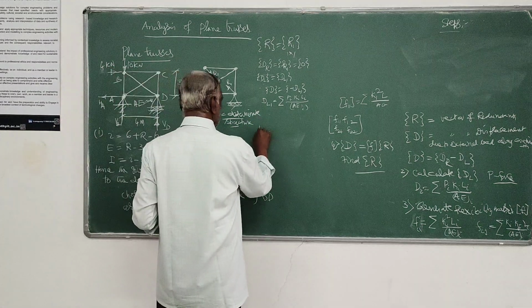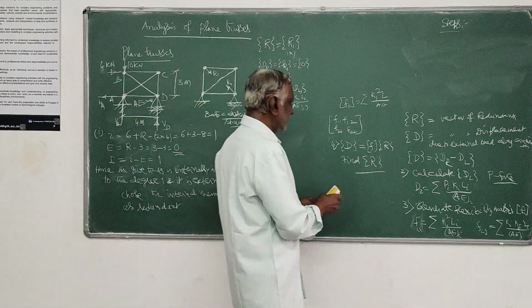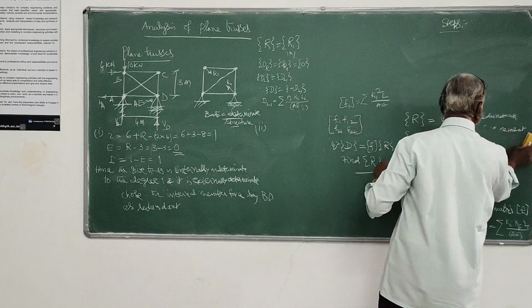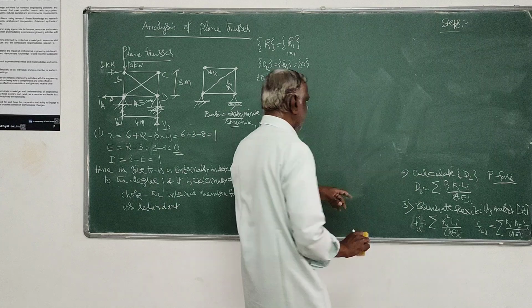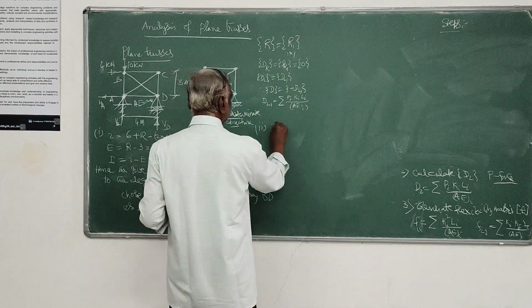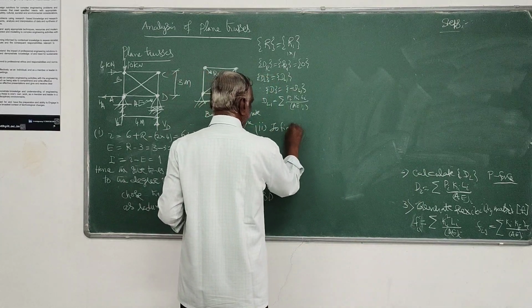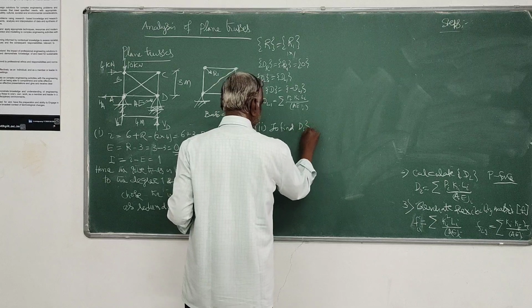So after this second step, all these are over, I can remove that. So I will take the second step to find delta L1.